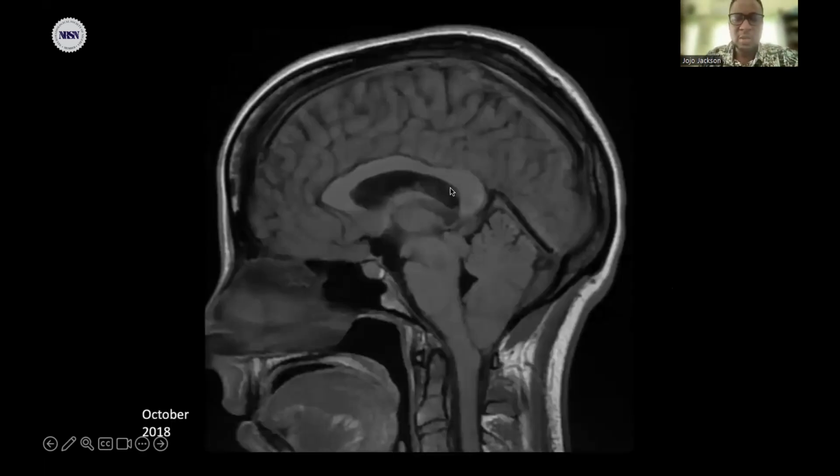This is a T1 weighted image of the patient, and there's evidence of tonsillar ectopia with sagging of the brainstem, as we can see here, and effacement of the peripontine cistern. Likewise, there's enlargement of the pituitary gland with the draping of the optic chiasm over it.